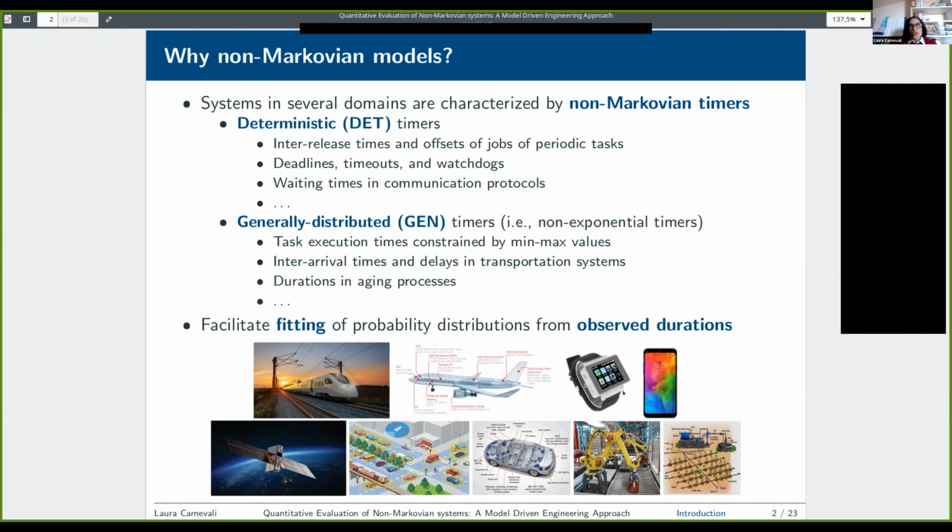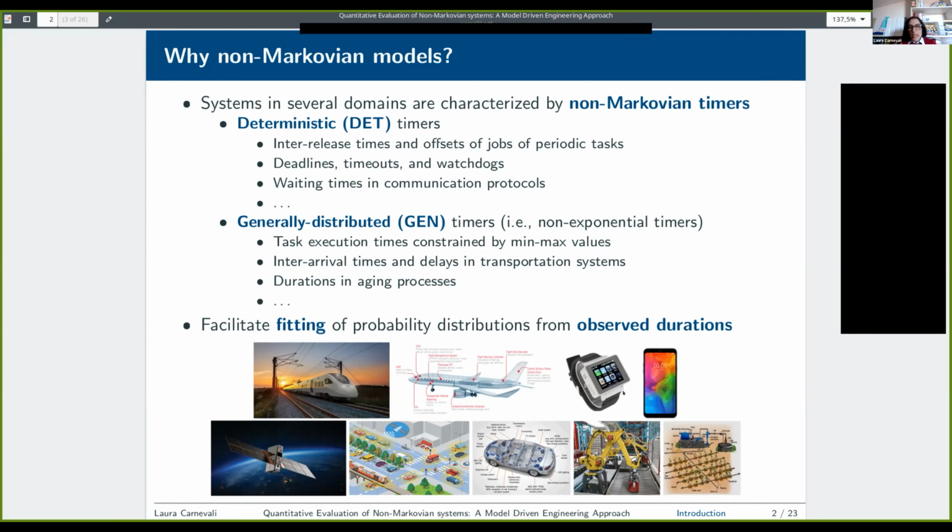And then there are also many application contexts where the system inherently exhibits generally distributed timers. So timers that are associated with a non-exponential distribution, possibly with bounded support. So for instance, this is the case of durations in aging processes, which of course cannot be accurately represented using memory-less non-exponential distributions.